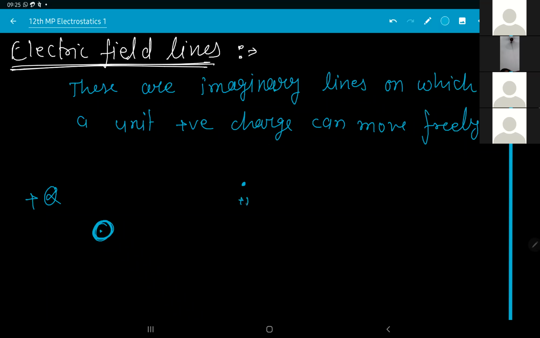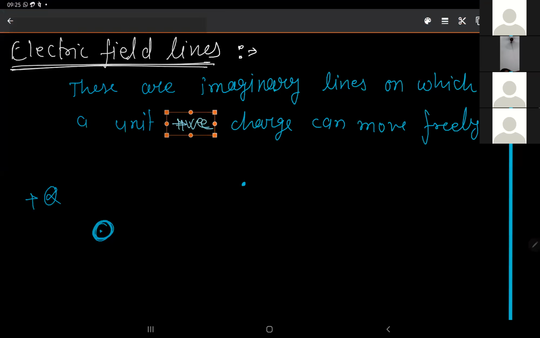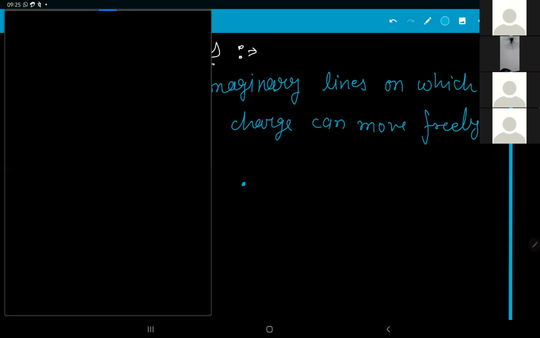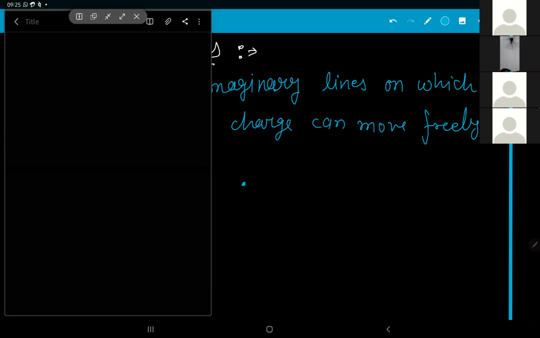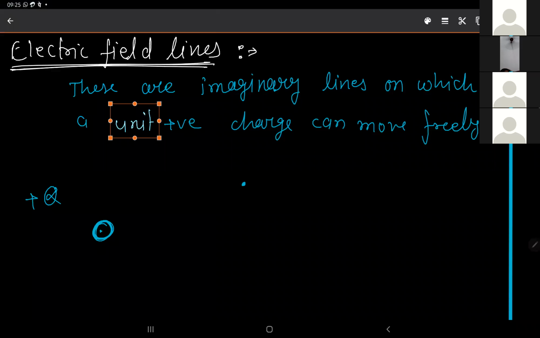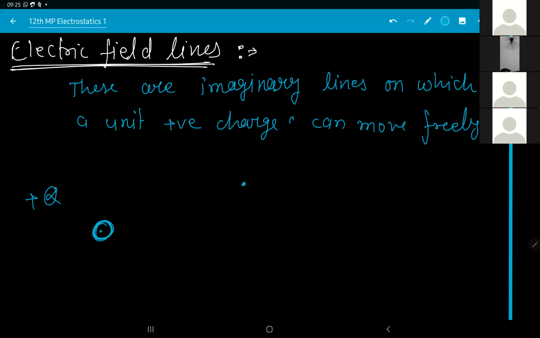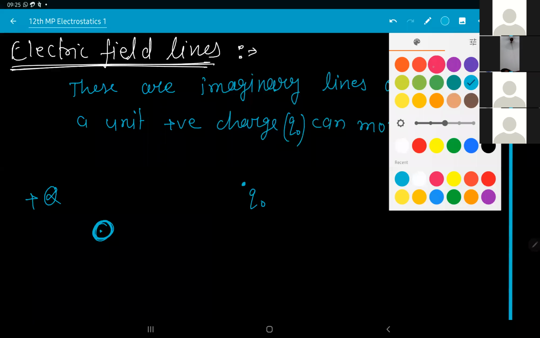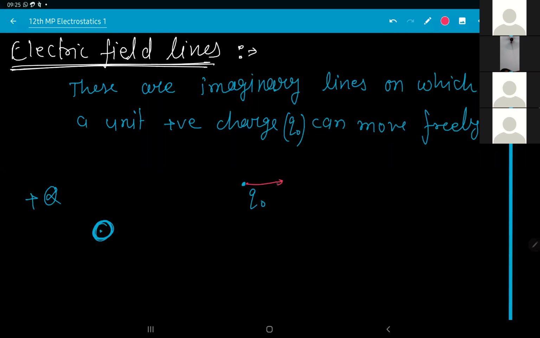Suppose I place a 1 coulomb charge here, Q naught, unit positive charge Q naught. Suppose I place Q naught here, then what would be the direction of force on it?